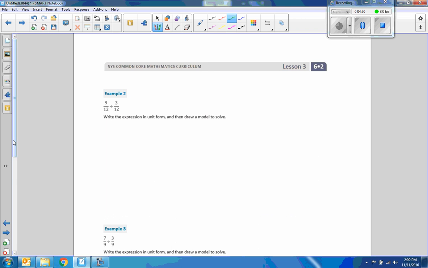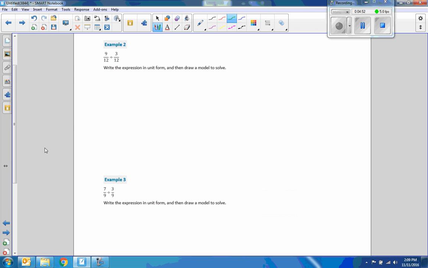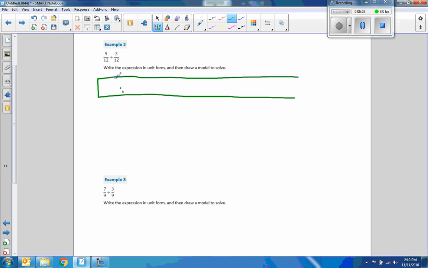Example 2. We have the equivalent denominators of 12s. So I'm going to make a tape diagram of 12 squares. 2, 3, 4, 5, 6, 7, 8, 9, 10, 11, 12.